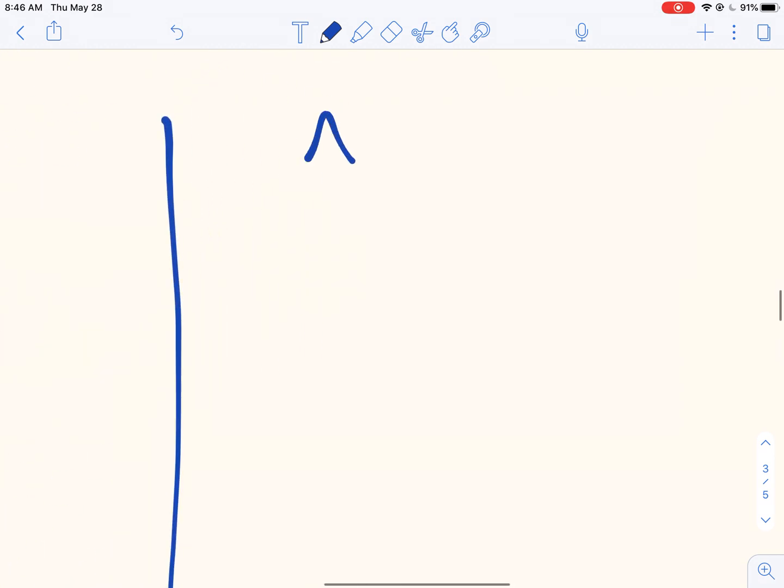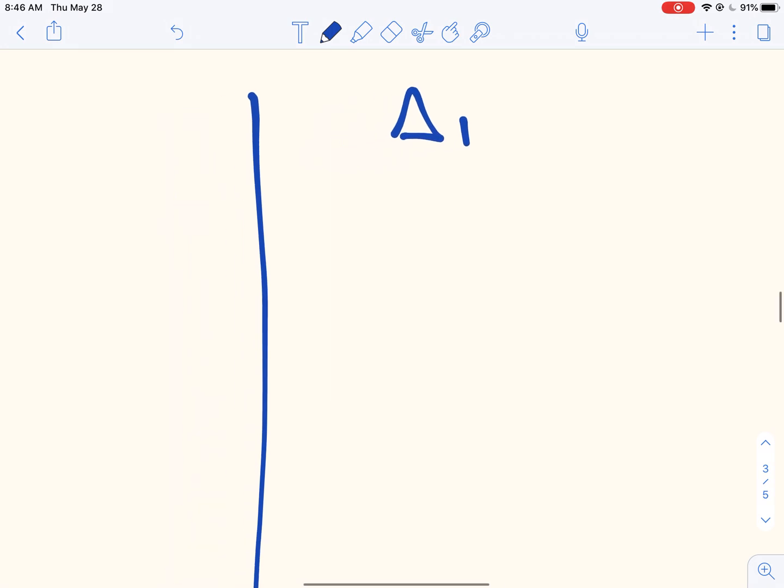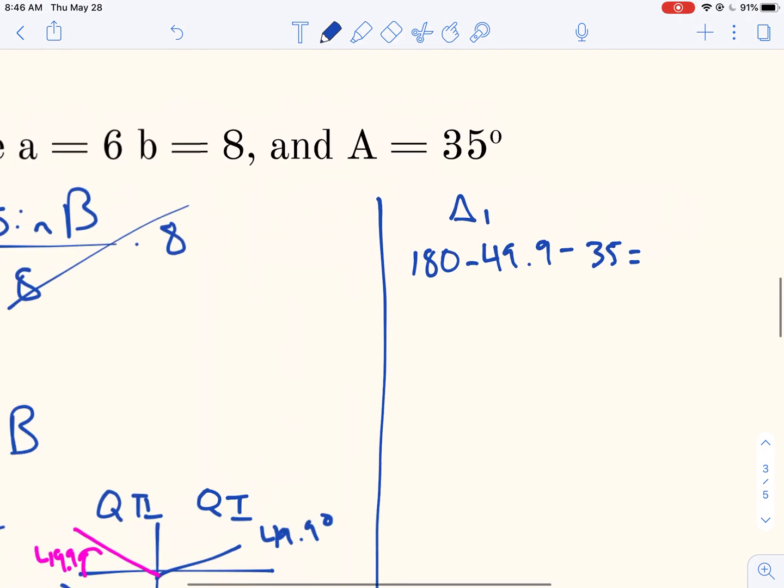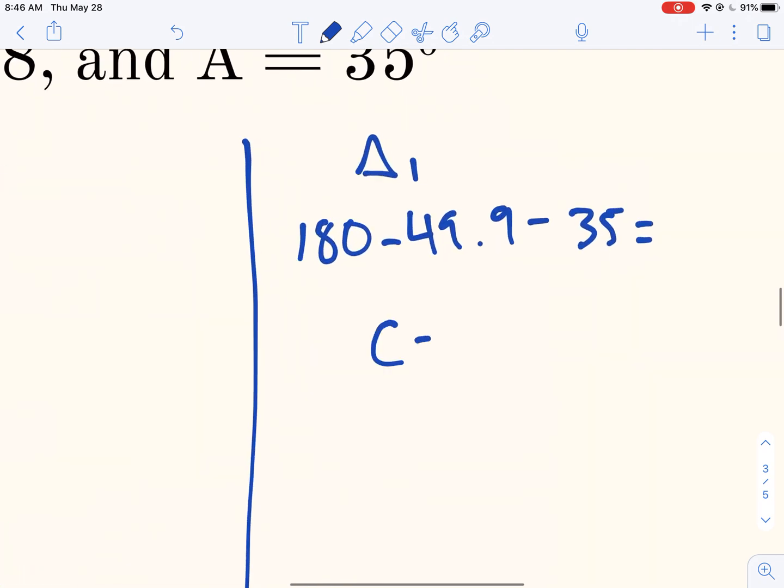So I'm going to start with triangle 1. Triangle 1, I'm going to do the 49.9. So that means I've got 180 minus 49.9 minus 35. And that means that my angle C will be equal to, plugging it in the handy dandy calculator right now, so just give me a second.